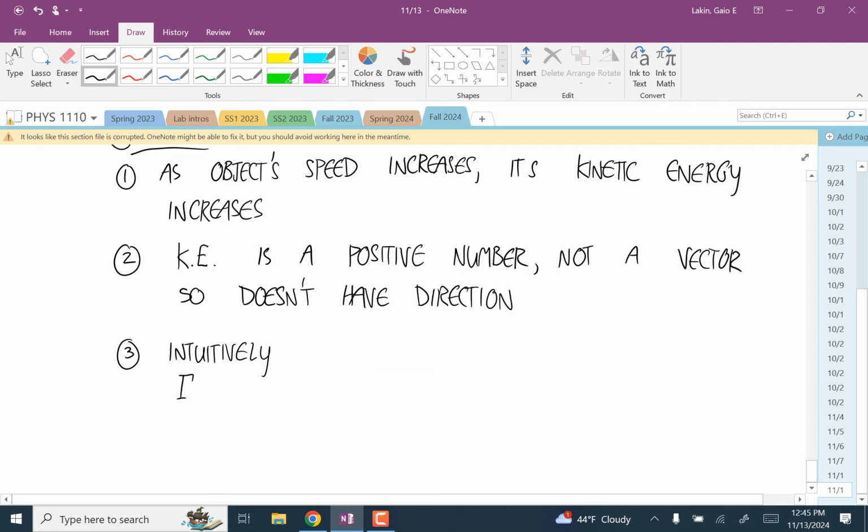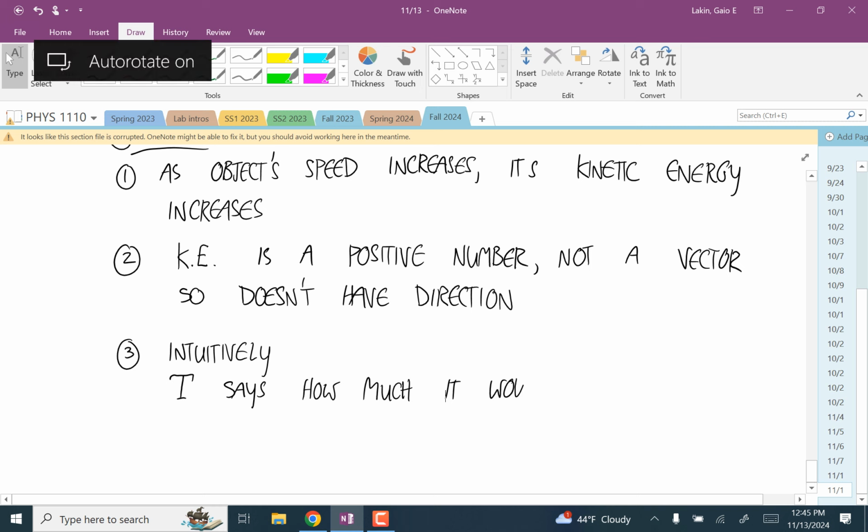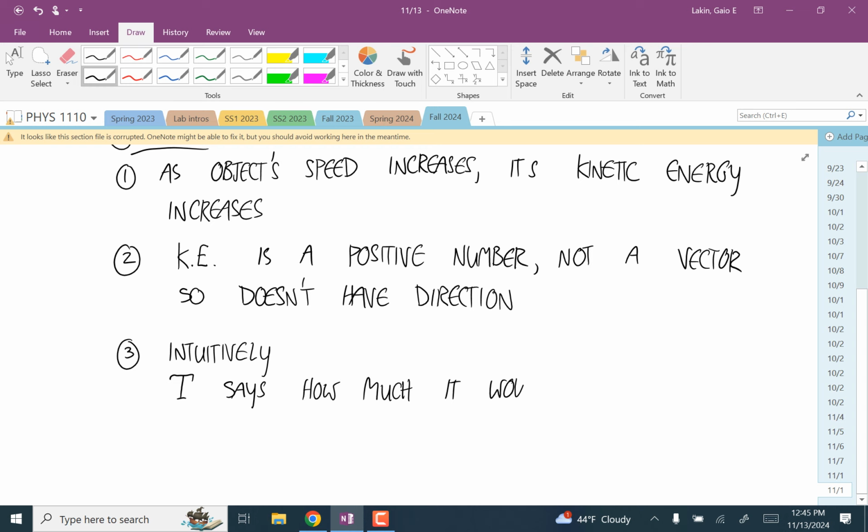So the kinetic energy T says how much it would hurt if an object hit you.